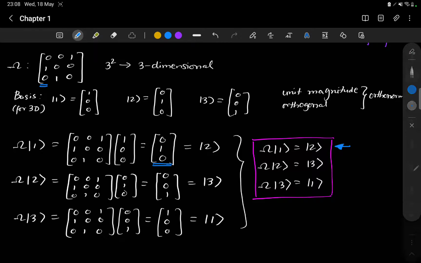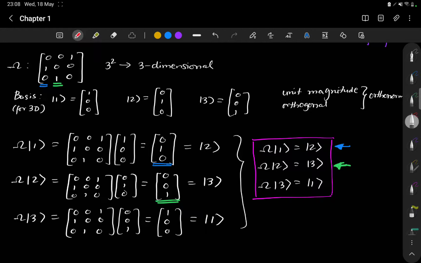Next, omega acting on the second basis vector takes it to the third basis vector 0 0 1. We see this is the second column of the matrix representation for omega.